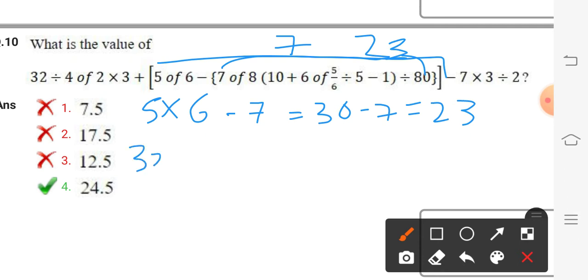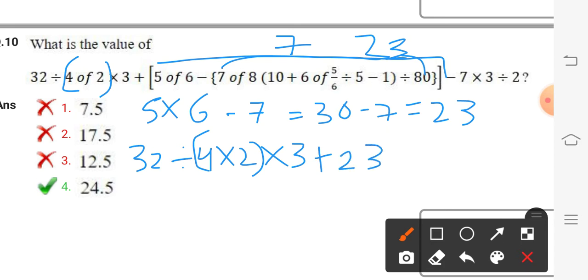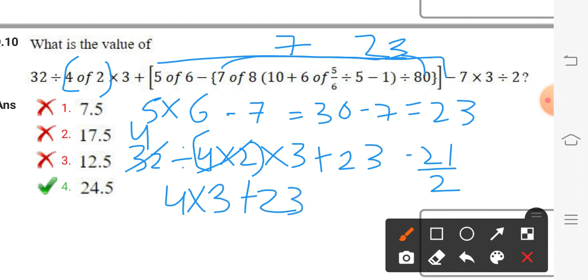Next, 32 divided by 4. 4 first, to do the of. So 4 into 2, multiplication, into 3 plus 23 minus 21 by 2. 32, 8 4s are 32. So 4 into 3 plus 23 minus 21 by 2. 12, 12 plus 23, we get 35.